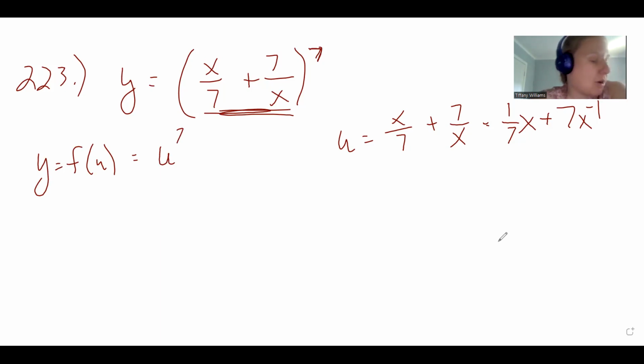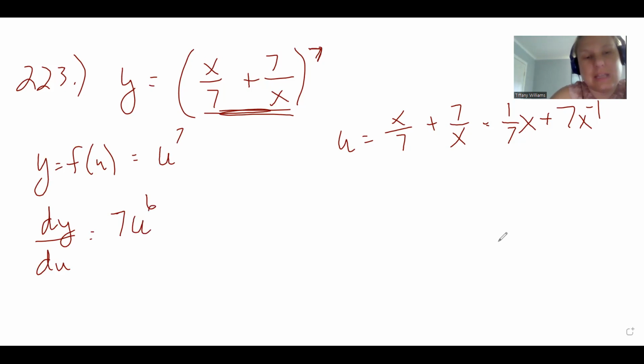So let's go through and take our derivatives now. I'm going to find dy du. The derivative, dy du, is going to be 7u to the 6th. And guys, really, I'm leaving out a part here. This should really be dy du is 7u to the 6th times du dx.